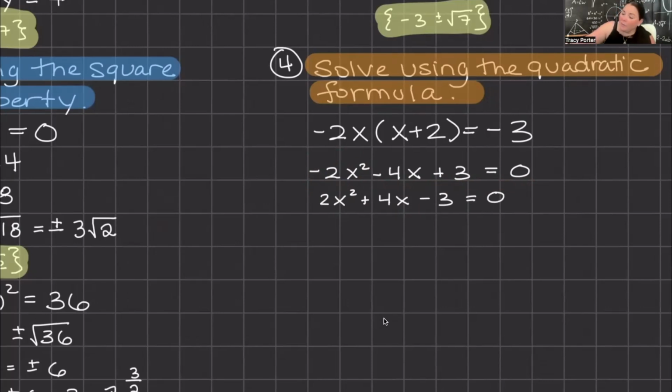Continuing on, you may want to jot down off to the side that A will be 2, B is 4, and C is -3. So substituting into the quadratic formula, it should look like this.